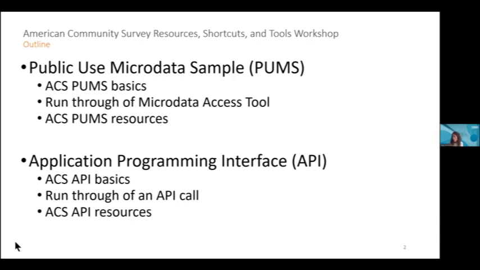And then immediately following the PUMS, I'm going to jump over and give a very brief introduction to the Application Programming Interface, the API. We won't go too much into details, but you will learn the basics, so you're hopefully able to build off what we do today as you go off onto your own data journey. And we'll go through an example API call, and then I'll share just a sample of the many, many resources available to you as an API data user before I turn it over to Kevin for the last leg of this workshop.